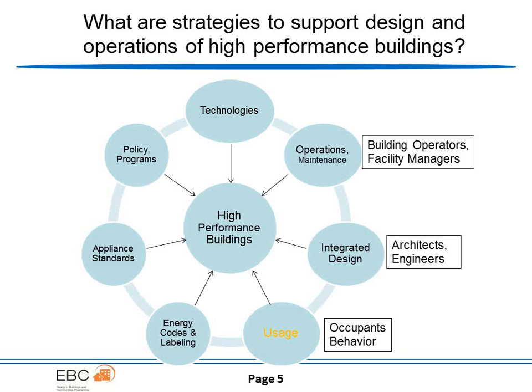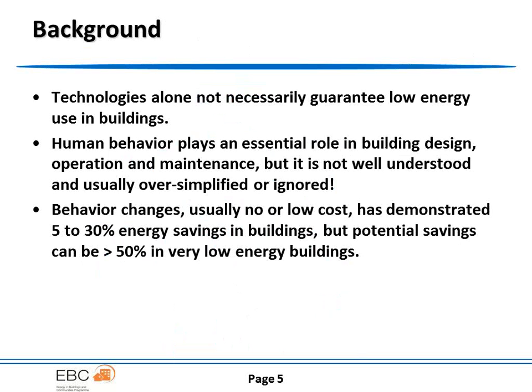And there's building usage, which relates to how people interact with the building systems. The other, on the left side, is all the policy: standards, energy codes, and labeling, and how they promote or regulate the market. On the right side, if you broadly define operation, integrated design, and usage, they're all related to people, and how people's practice or behavior has significant impact on building performance.